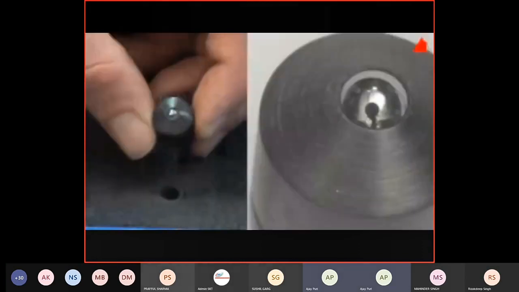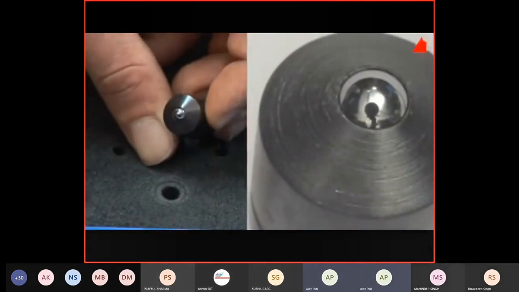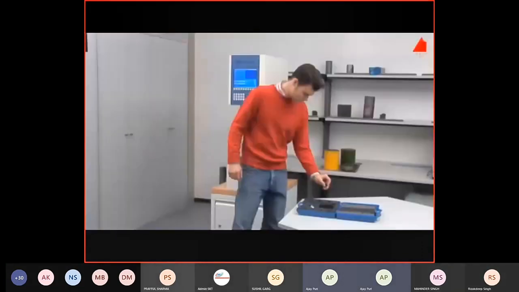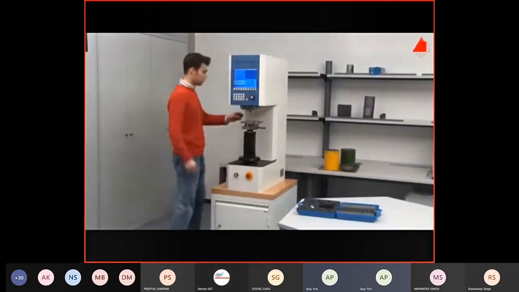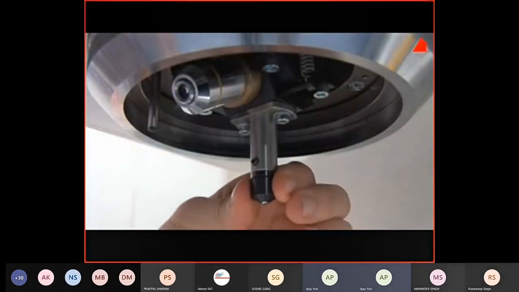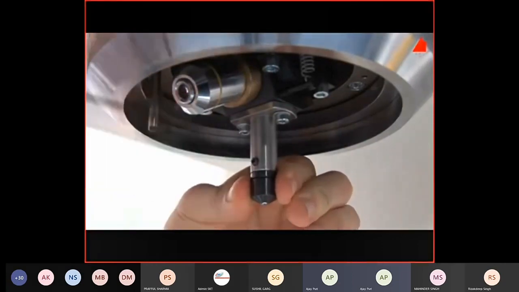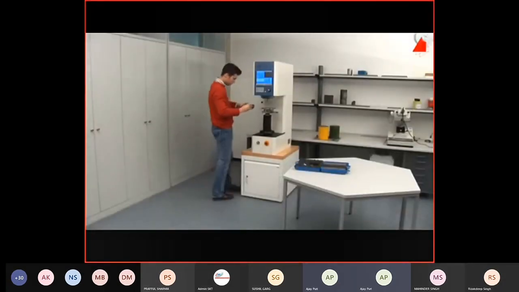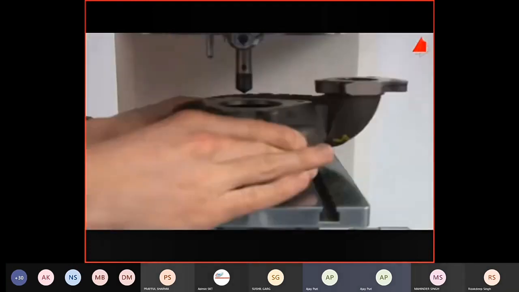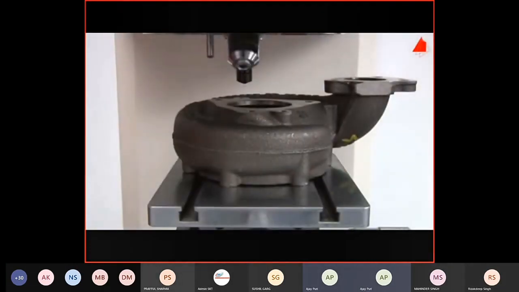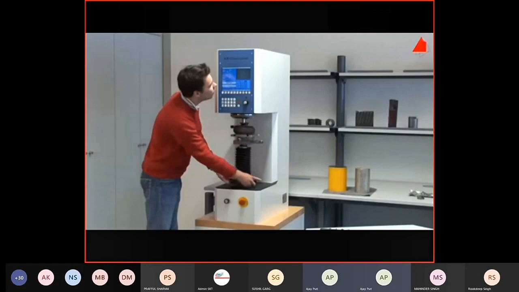The tester selects a suitable spherical indenter and inserts it into the holding device of the testing machine. Next, he puts the turbocharger housing onto the support table, rotates the microscope lens into vertical position and adjusts the correct height of the test piece.